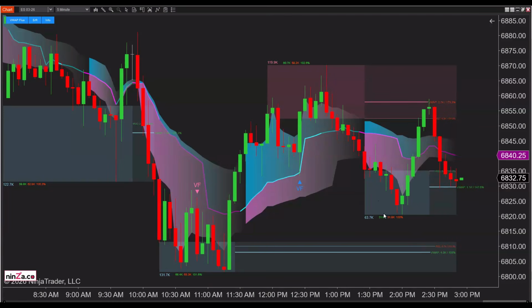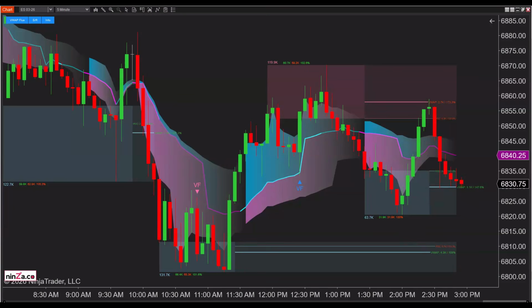So as price is coming into here, you may be a bit more aggressive, you might want to look at a smaller time frame to actually give you an entry. So maybe something like a NinjaTrader 8-2, I think someone said, for example, to see if there was any kind of buying that's possible here.